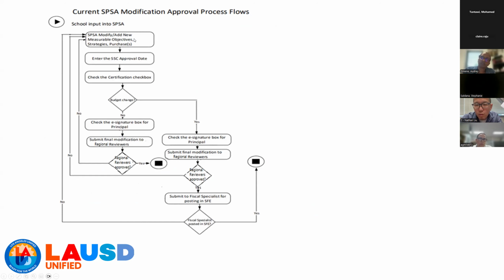So here's our current flow chart, and at the very top, the first thing that happens is the school inputs into the SPSA. In other words, the SPSA is a front end to the SFE budgeting system for categorical program funds.